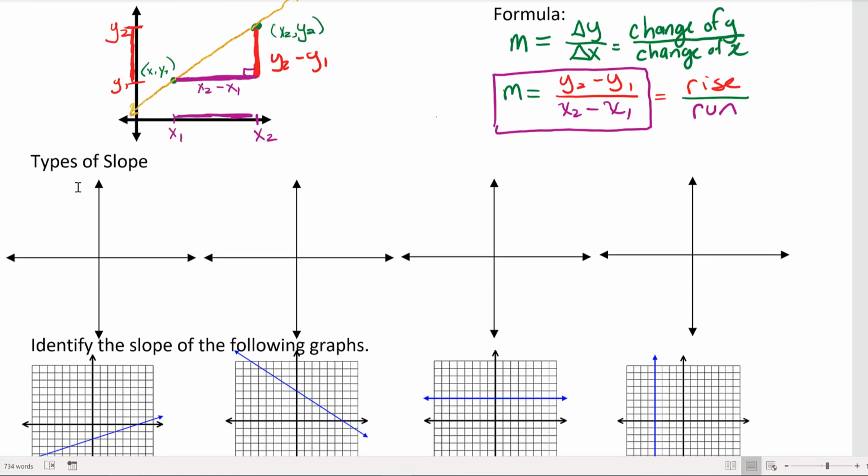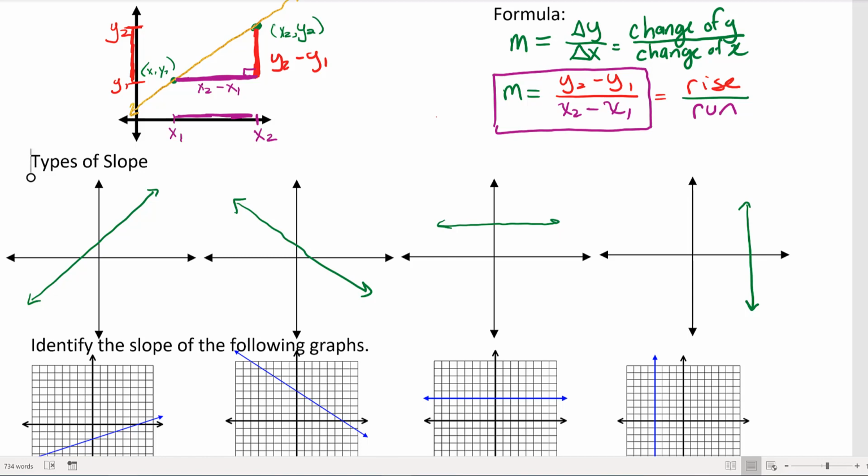Then there's a couple different types of slope I want to go through. We have slopes that run up and to the right. We have slopes that run down and to the right. We have slopes that are flat, a horizontal slope. And then we have slopes that are vertical.